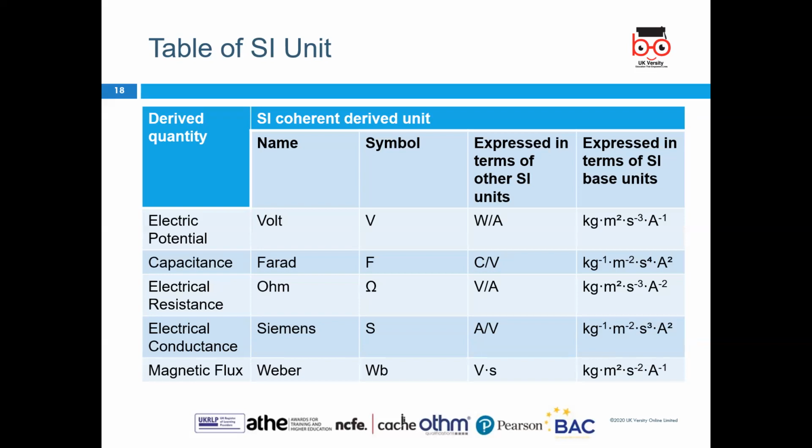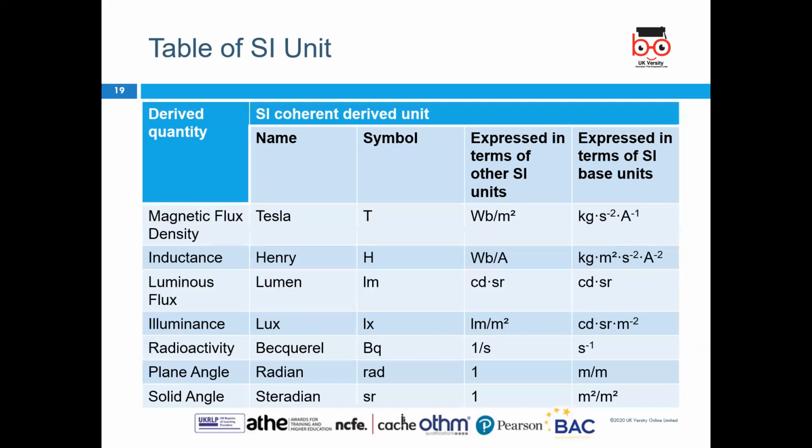So you need not memorize this, but you need to keep these in consideration. For example, all of these will be considered in different chapters of, say, electricity, thermodynamics, and various other subjects of engineering. Here we have magnetic flux density, which is measured in terms of Tesla.